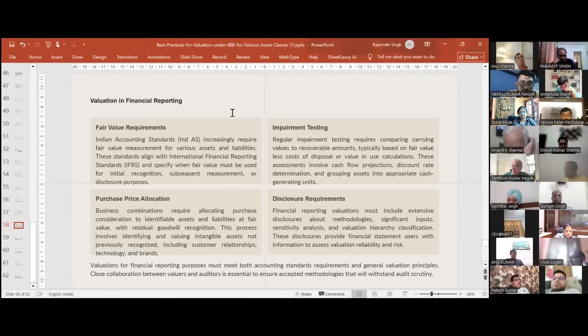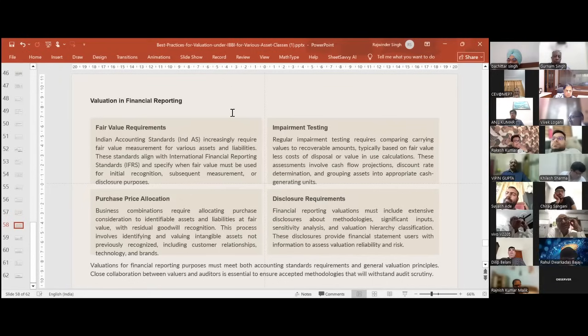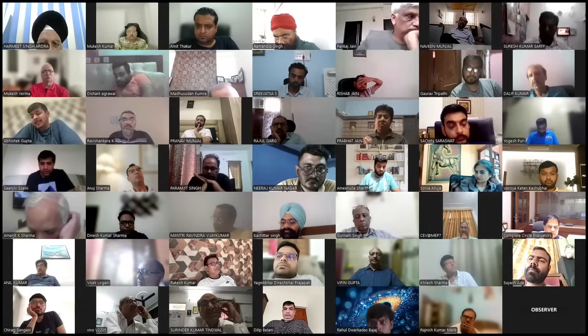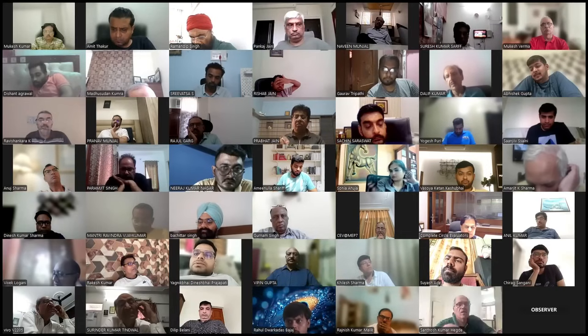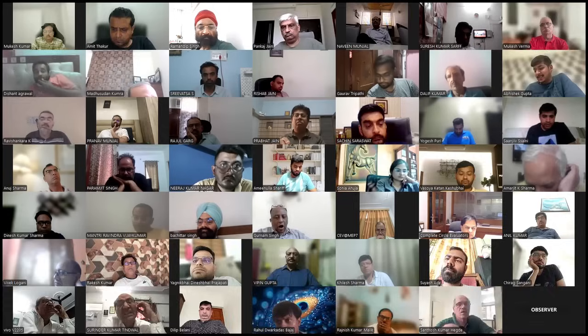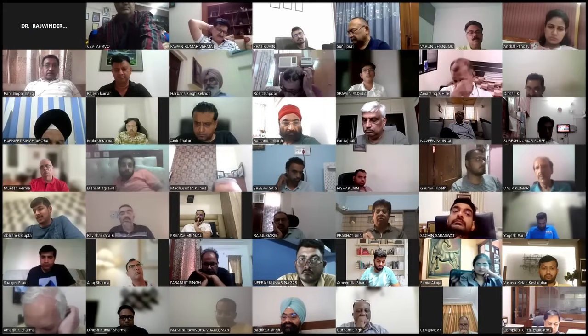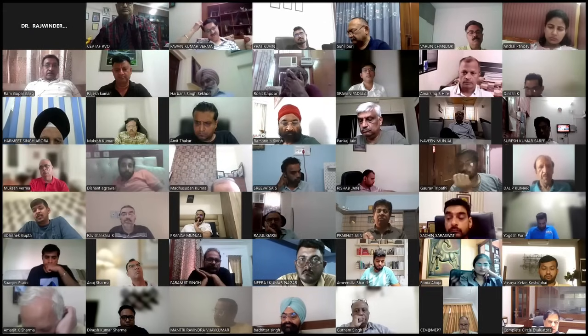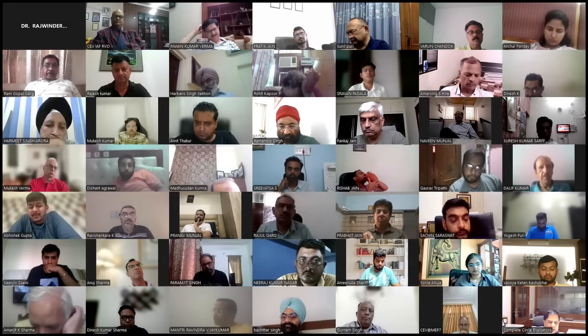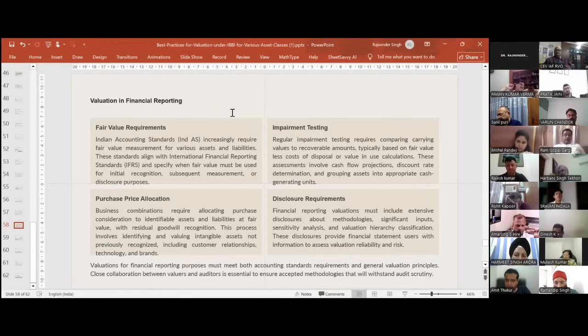If you are doing it for fair value requirements, Indian accounting standards, Ind AS, increasingly require fair value measurement for various assets and liabilities. These standards align with the International Financial Reporting Standards, IFRS, and specify when fair value must be used for initial recognition, subsequent measurements, or disclosure purposes.